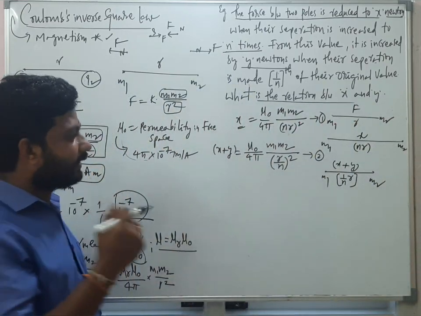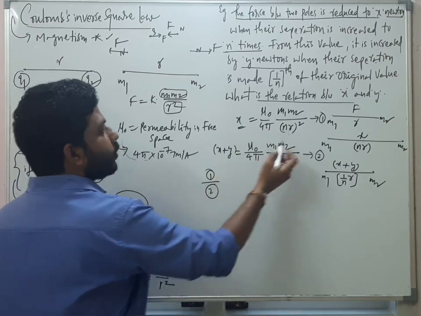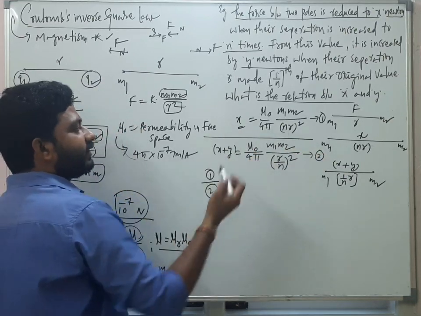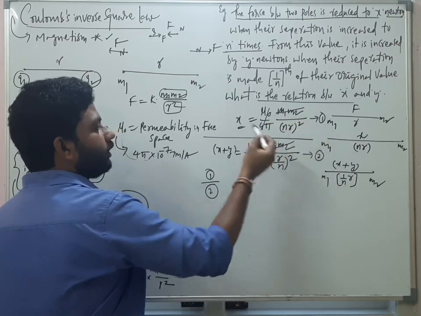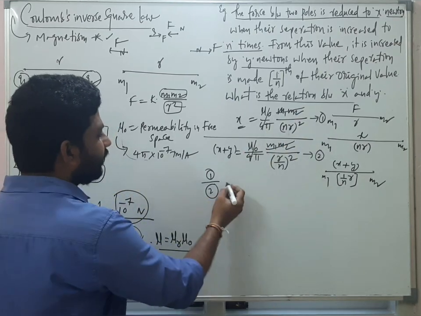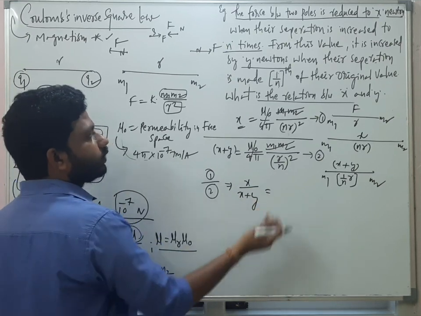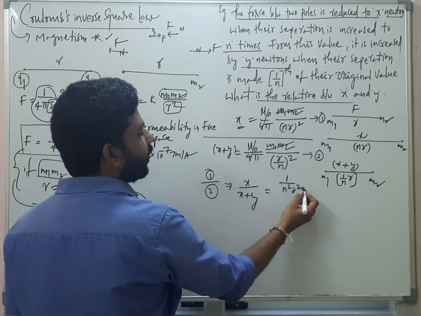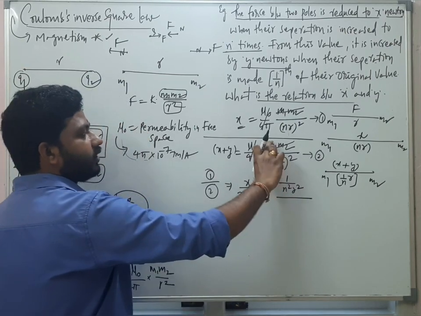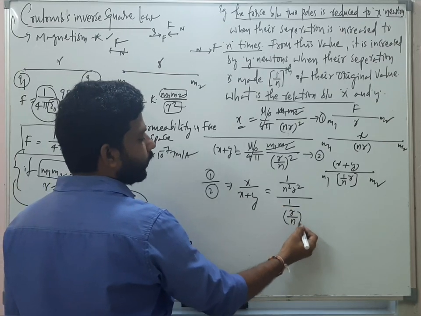Alright. So equation 1 divided by 2, if you do it, mu naught by 4 pi, mu naught by 4 pi, m1 m2, m1 m2 cancel. What remains? x by x plus y is equal to, the numerator is 1 by n square r square, divided by 1 by r by n whole square.